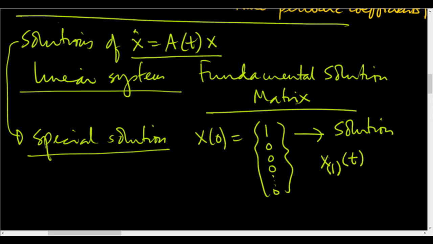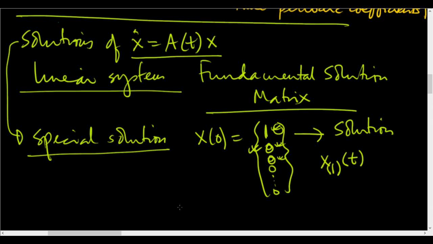So if I put t is equal to 0 in this vector, then I will get this initial condition, but at later instants of time this is a different function. So this element is some function of time, this element is some function of time, this element is some function of time, and when we put t is equal to 0, those functions take the values 1 and 0 and 0 and so on.